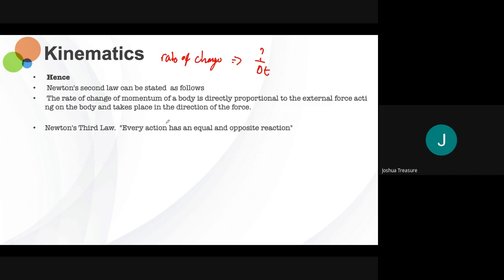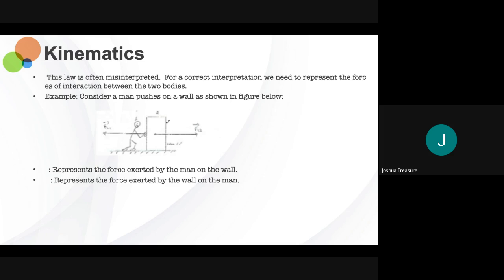All right, so we'll explain that now. This law is often misinterpreted. For a correct interpretation, we need to represent the forces of attraction between the two bodies. So we have a man here, Tyrese, pushing this particular box.